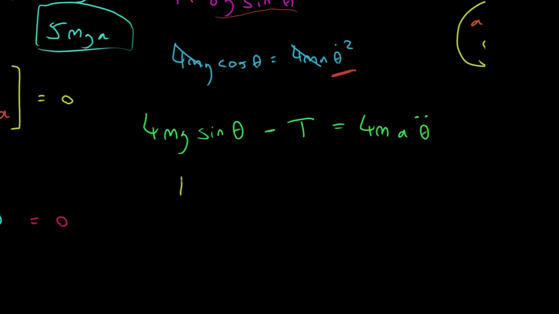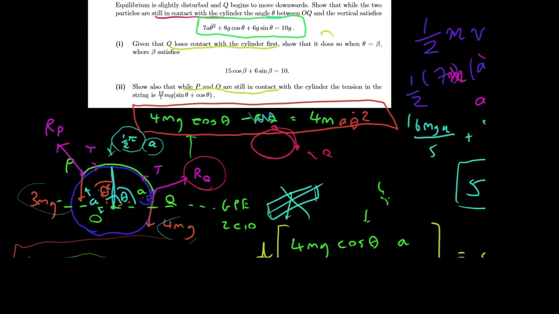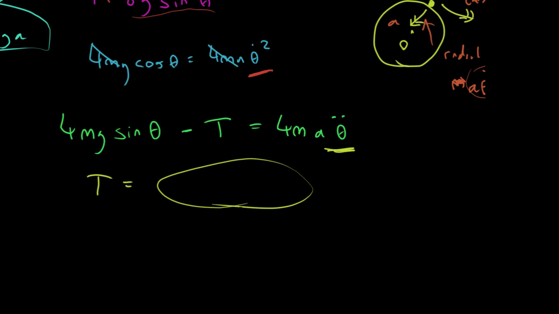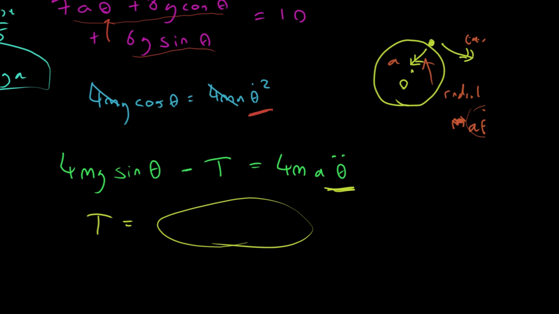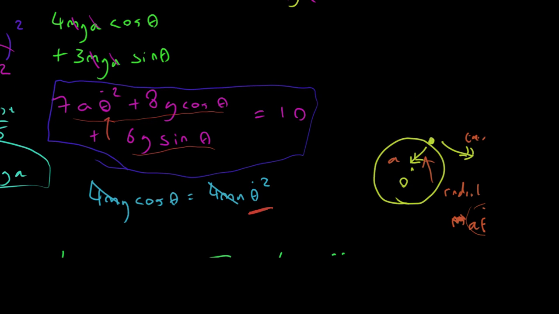Obviously we're going to rearrange that to get an expression for the tension. But notice that we're going to have theta double dot in there. So the question is, how do we turn theta double dot into sines and cosines? There's a number of ways to do it, but the one that springs to mind the most is to take this equation and differentiate. When we differentiate with respect to theta, the two will come down, so it's 14a theta double dot times theta dot.